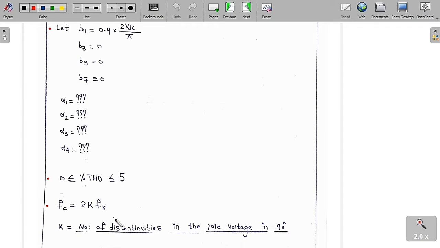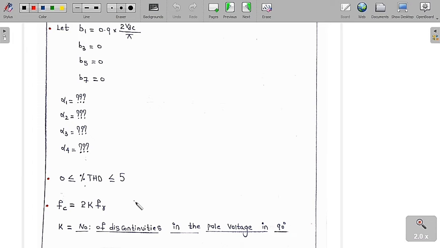I have already told you an important concept here: the number of pulses in half cycle is equal to FC by 2Fr.